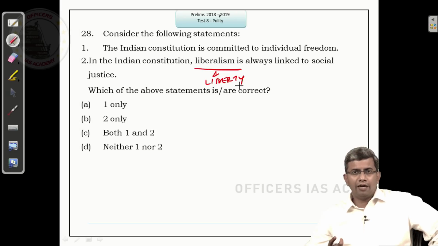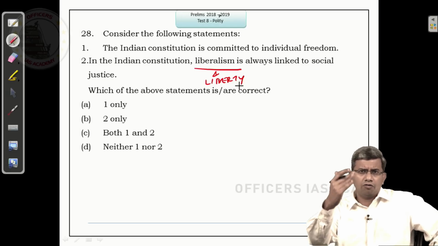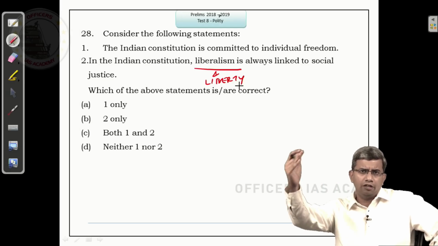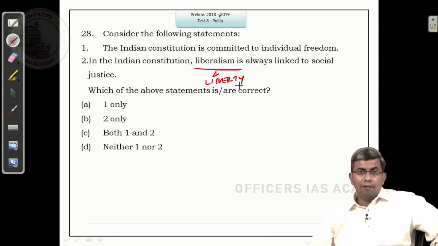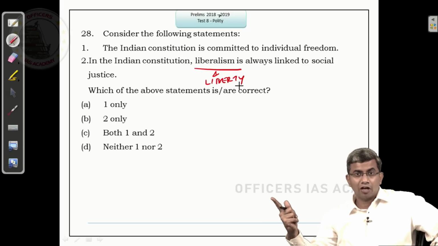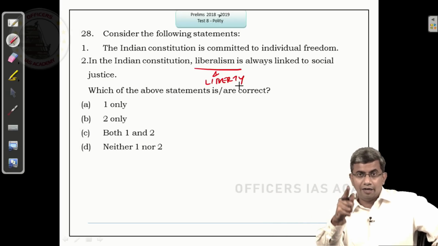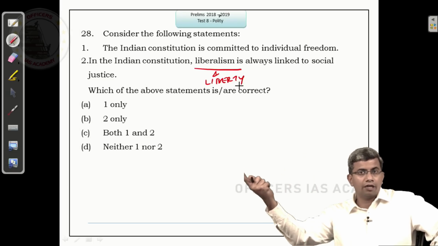Equality is Article 14 to Article 18. Article 19 to Article 30 is all liberty. It is liberty of thought, expression, belief, faith, worship, culture, protection, everything. But reasonable restrictions are placed on your liberty, be it Article 19, Article 25, 26, Article 29, or Article 30.